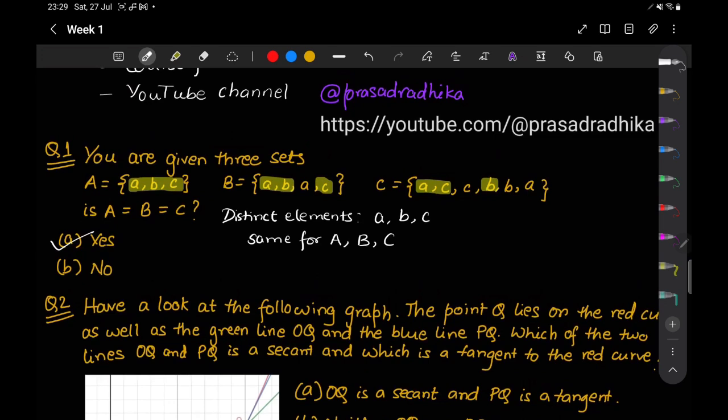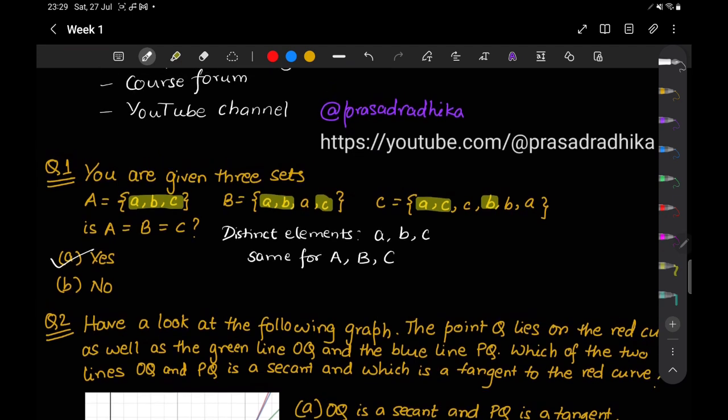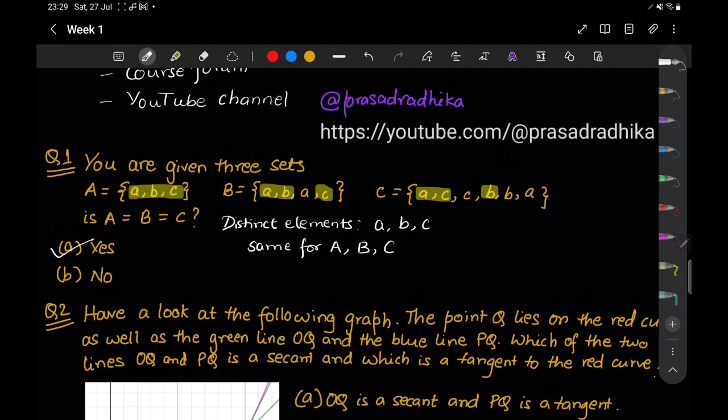Those of you who got the correct answer, very good. Those of you who did not, I hope you are able to understand now the logic behind this answer.